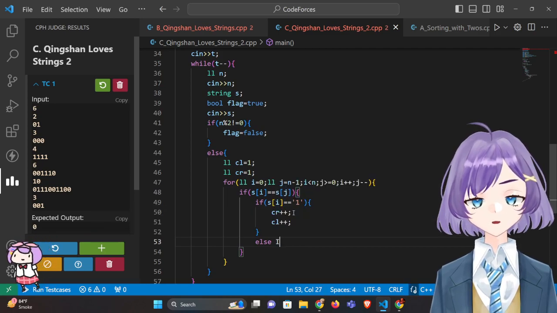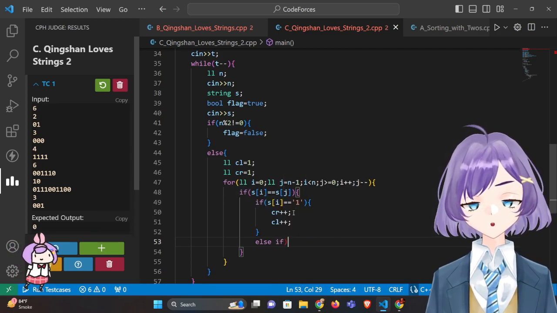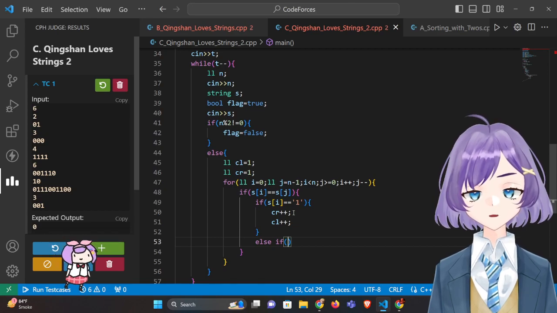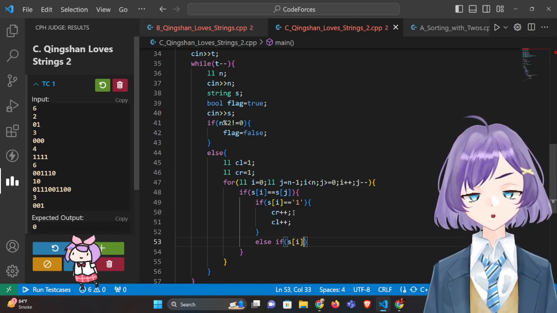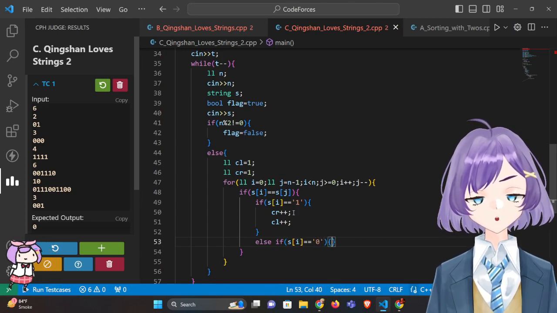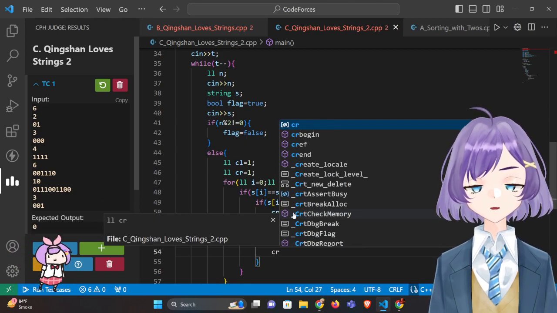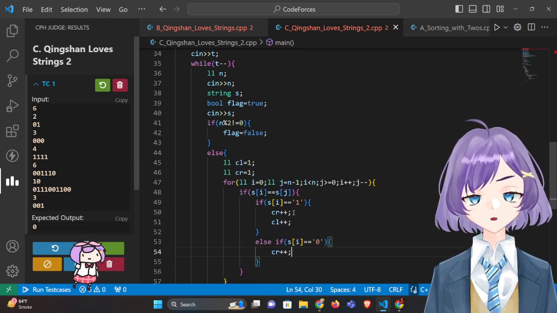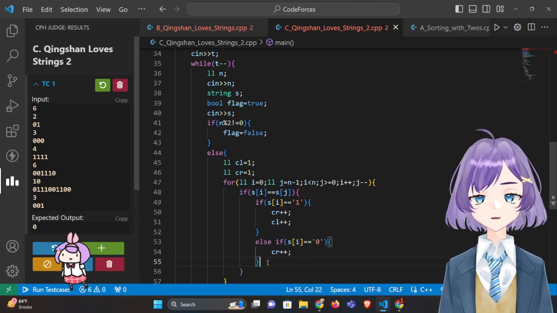Else if s of I is equal to 0, cnt of r plus plus, but cnt of l remains the same.